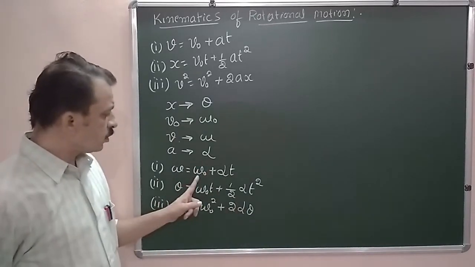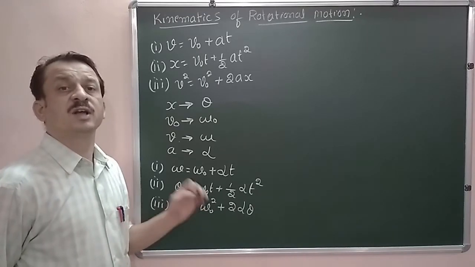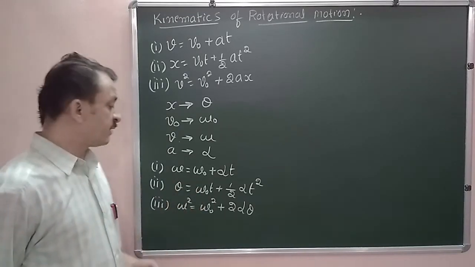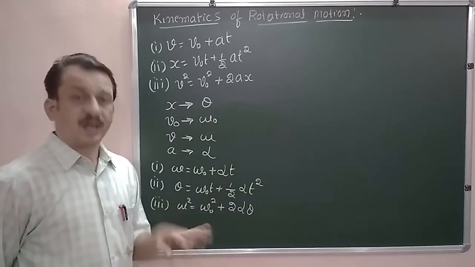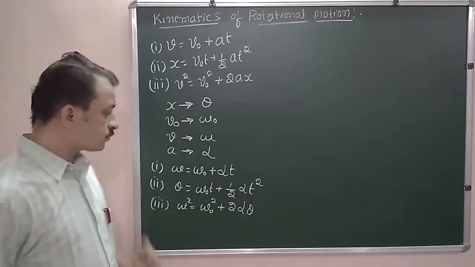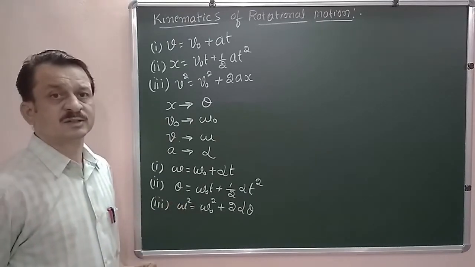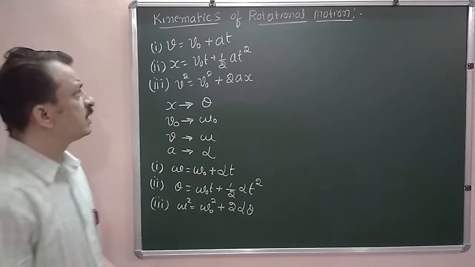So here omega naught is the initial angular velocity, omega the final angular velocity, alpha the angular acceleration, theta the angular displacement. These are the three kinematic equations.